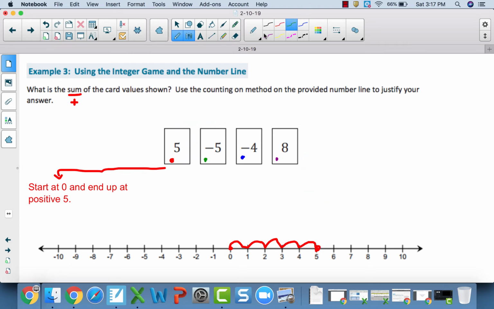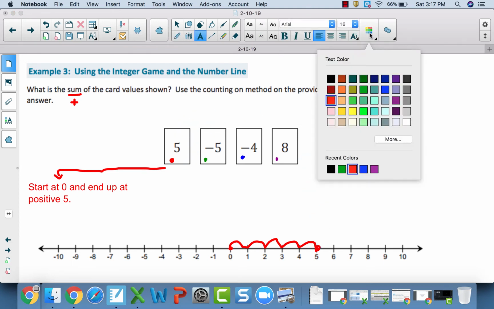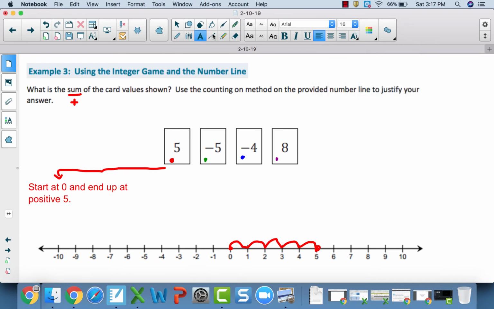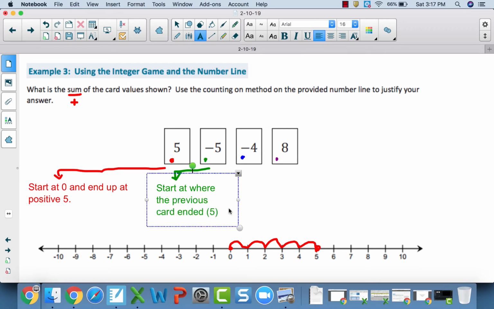I'm going to move to my next card, which would mean I'm going to use some green here. Okay, so this second card, and I'm just going to write it a little bit over. What this is going to tell me: start at where the previous card ended, which is at 5, and count 5 units to the left.